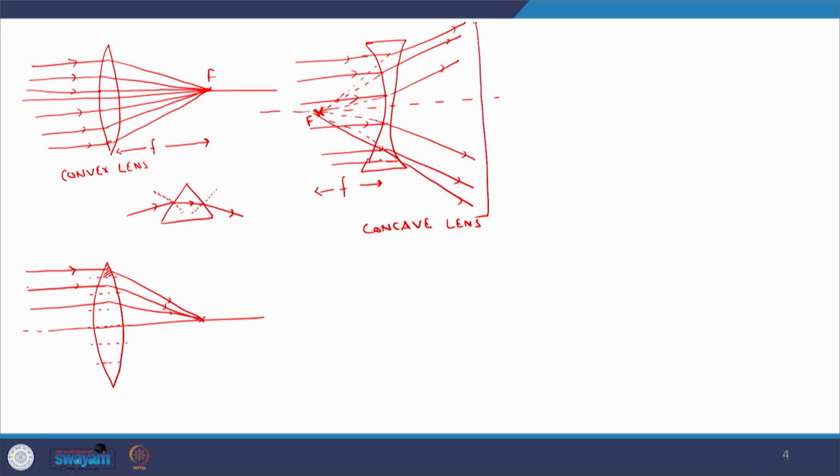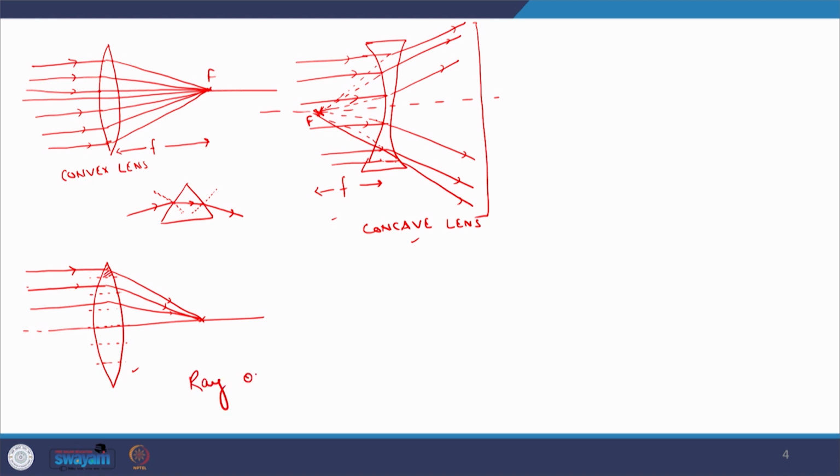In the case of a concave lens, the prisms are inverted. Their base is on top and the vertex is downward, and therefore the bending is in the upward direction, and the rays get diverged.